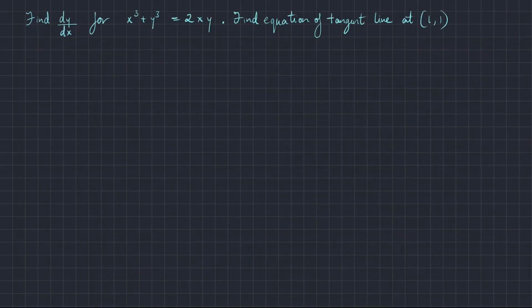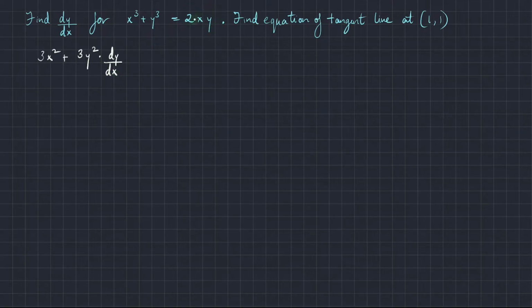In our next example, let's find dy/dx for this equation. Now this equation looks a bit complicated, but our procedure should not change. We have to differentiate both left and right side with respect to x. So differentiating x cubed with respect to x, we have 3x squared plus the derivative of y cubed, which is going to be 3y squared multiplied by the chain rule by dy/dx.